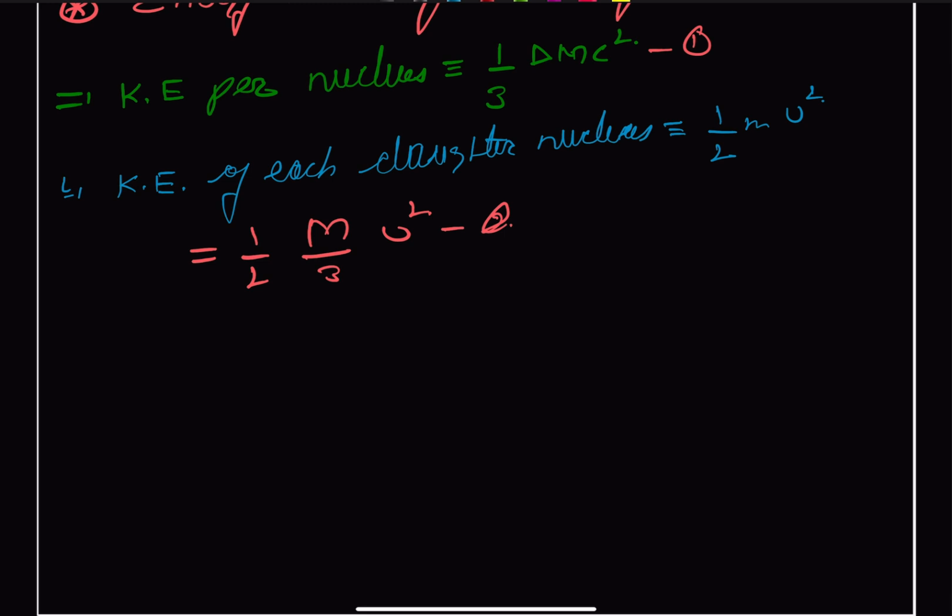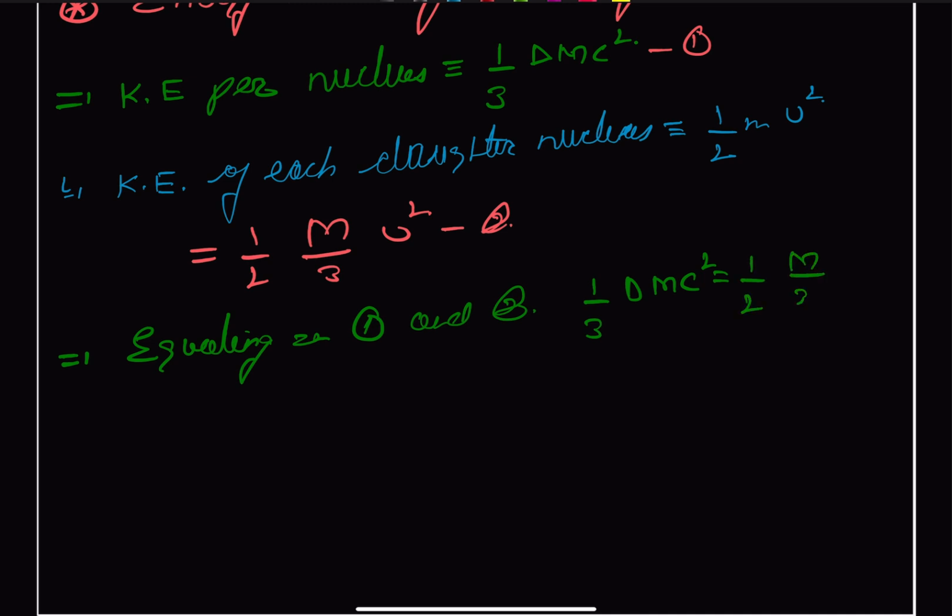Therefore, equating equation 1 and 2, we get 1 by 3 delta m c square is equal to 1 by 2 M by 3 v square. Here 3 and 3 cancel out.